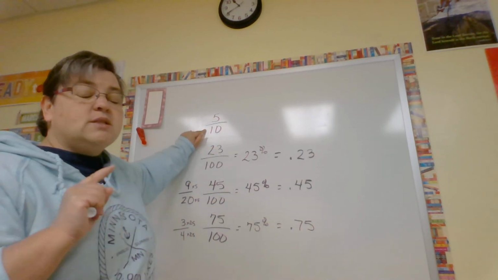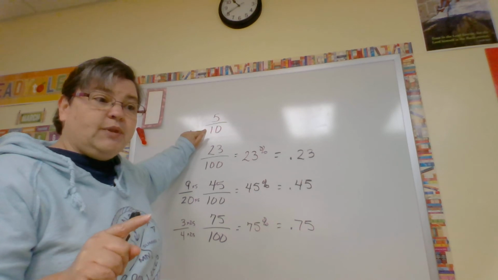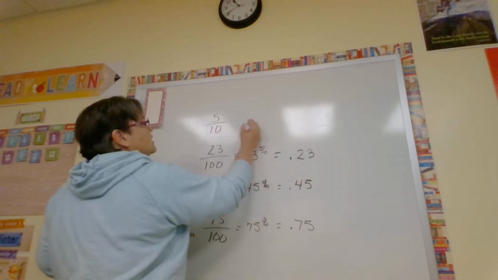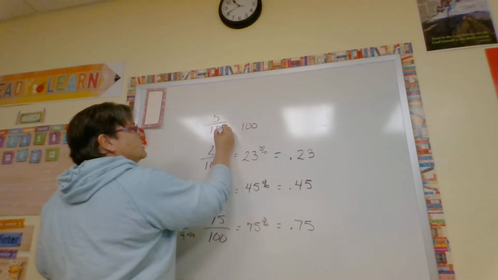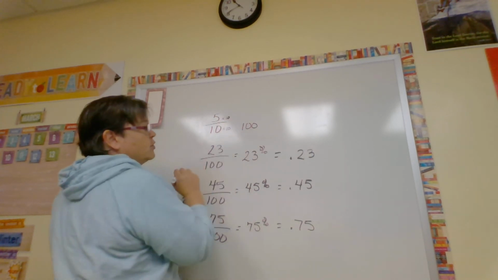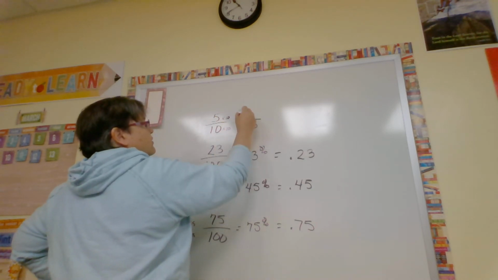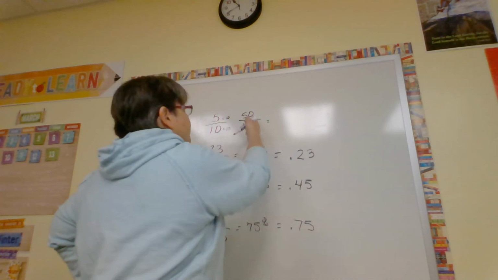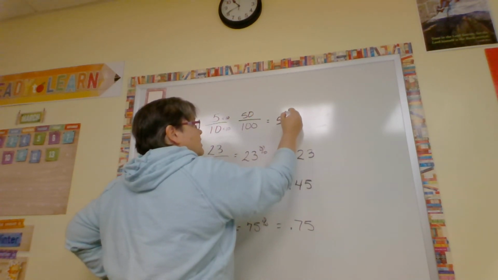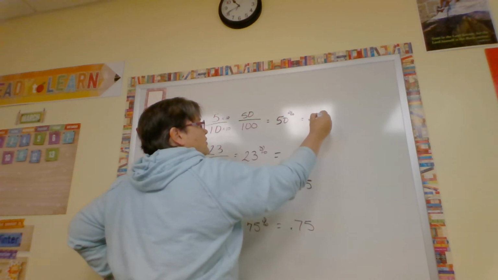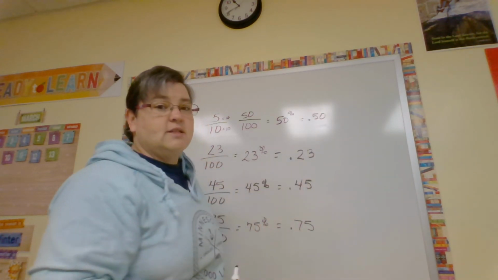So my goal is to get 100 on the bottom, and I can do that fairly easily by saying 10 will go into 100 10 times, and if I multiply my numerator and denominator by 10, I get 50. Well, it's over 100, so 50 over 100 equals 50%, or 0.50 cents out of a dollar.